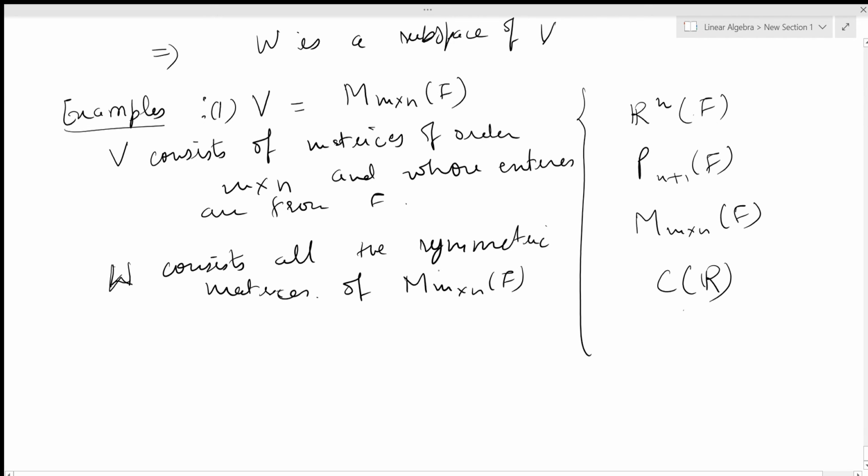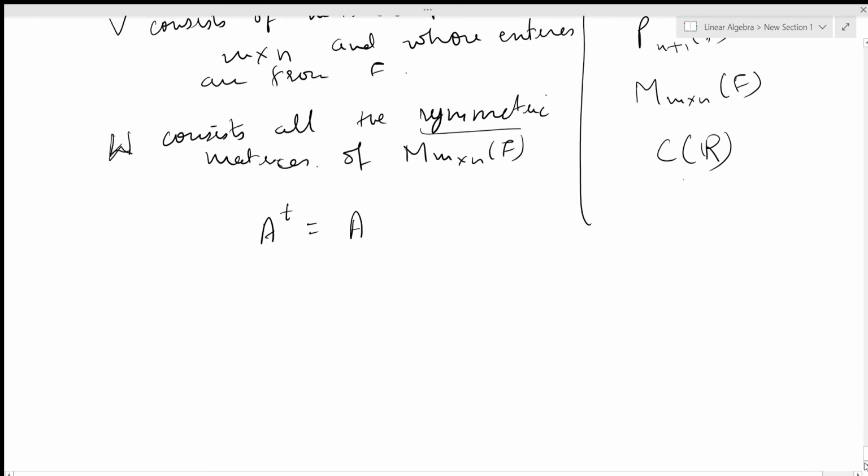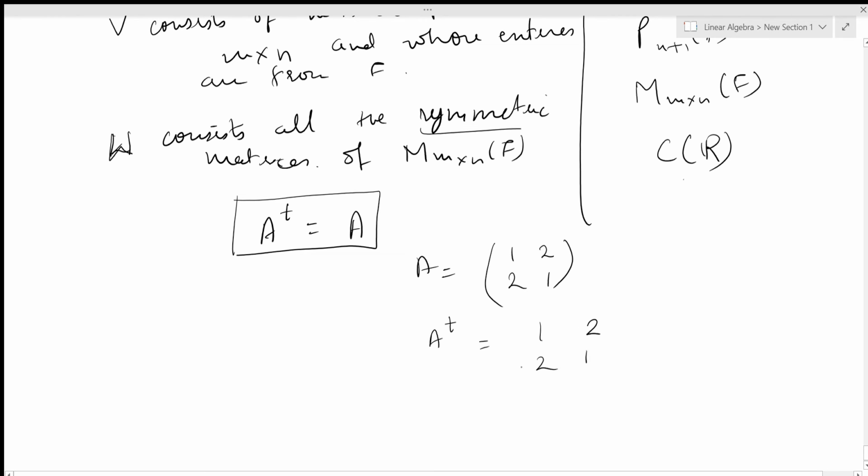Symmetric matrix means A transpose is A. That means if we take the transpose of a matrix and it is the same as that matrix, we say it is a symmetric matrix. Like if your A is 1, 2, 2, 1, and we take A transpose, this is 1, 2, 2, 1 and this is the same as A. We can say that A is a symmetric matrix.